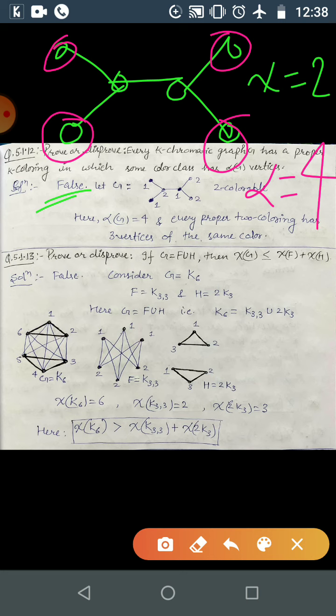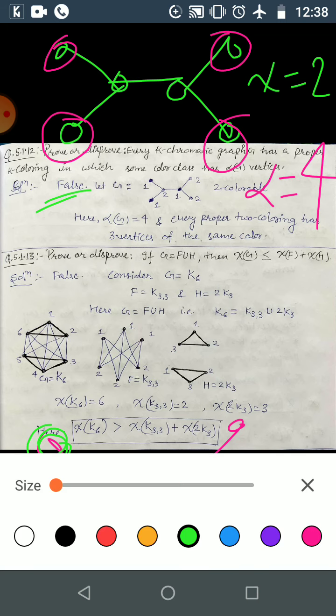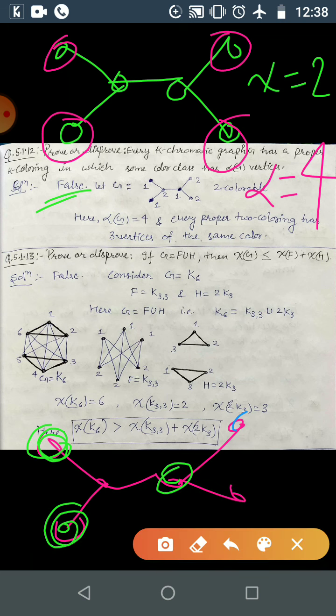And every proper 2-coloring you can exhibit now. This is the same graph I am just drawing again. This one is the graph G. You can skip this vertex, and now this one and this one, because these are not adjacent.